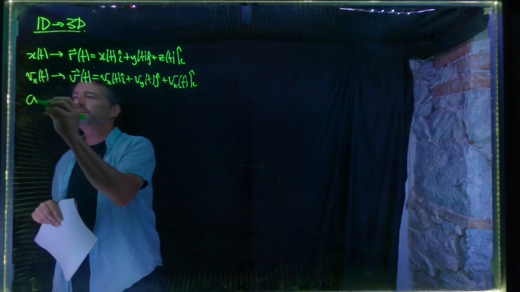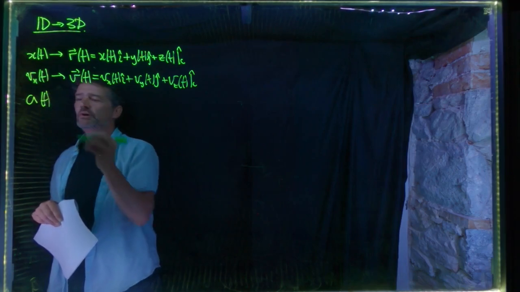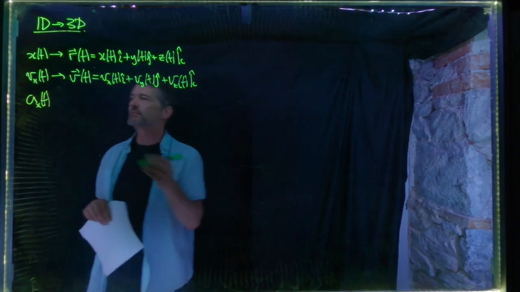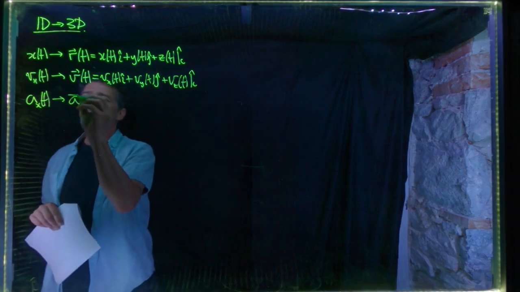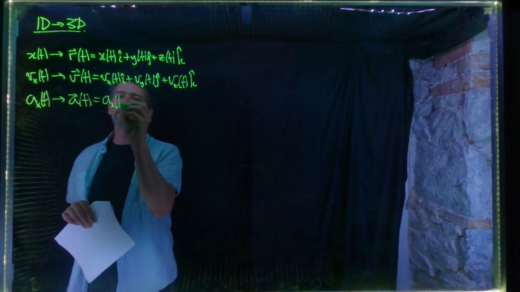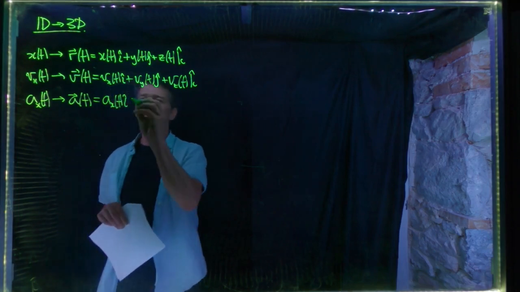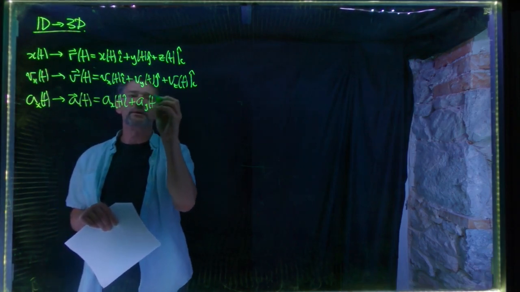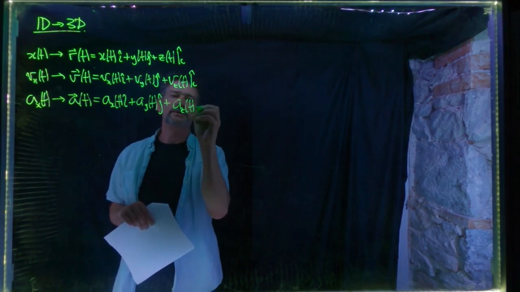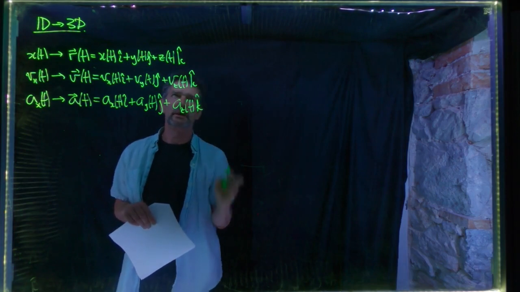And similarly, the acceleration, which we were just calling a of t, but really meant the x component of the acceleration as a function of time, will become a full three-dimensional acceleration vector whose x component is a x of t in the i hat direction, whose y component is a y of t in the j hat direction, and whose z component is a z of t in the k hat direction.